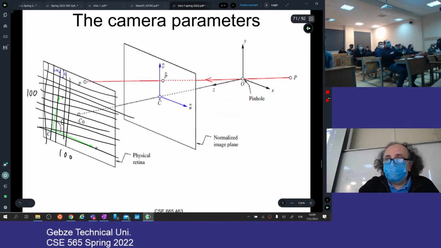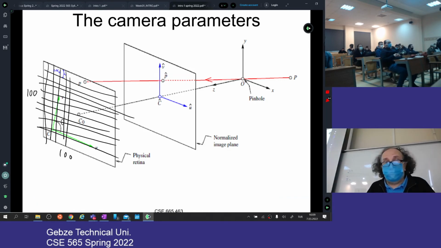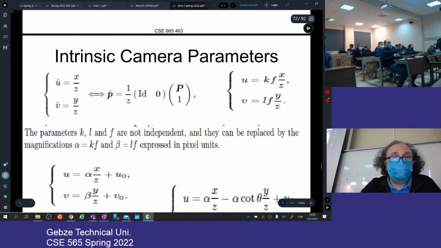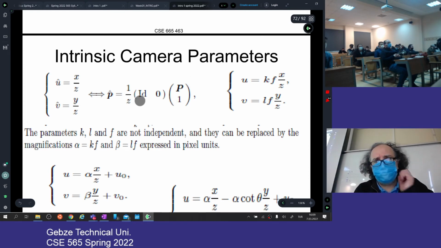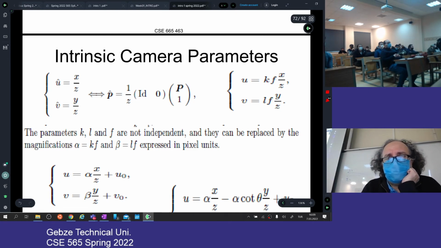I know how to get from this P to this P hat. It is a simple perspective equation. I take this P, X, Y, Z, and put a 1 beneath it. So this is a 4-dimensional vector now. What is this ID? Can anybody tell me? It is the identity matrix.